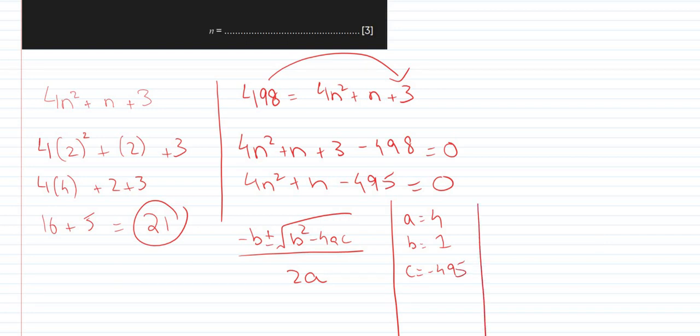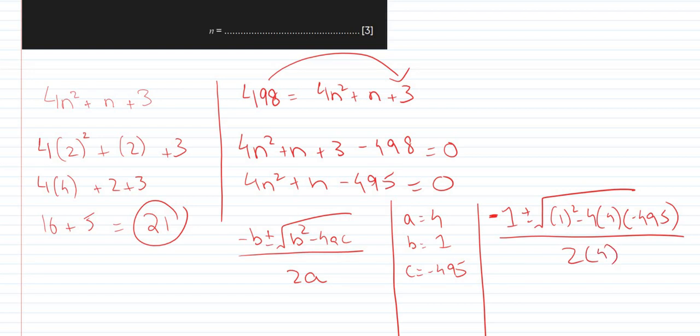So we will just plug this in. So negative 1 plus or minus the square root of 1 squared minus 4 multiplied by a, which is 4, multiplied by negative 495, upon 2 multiplied by 4.